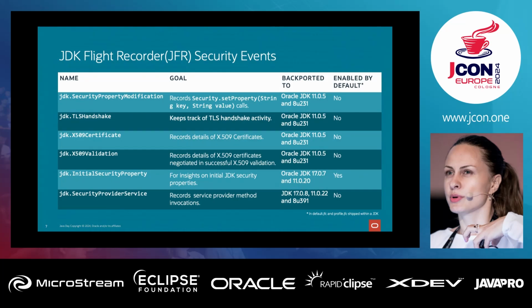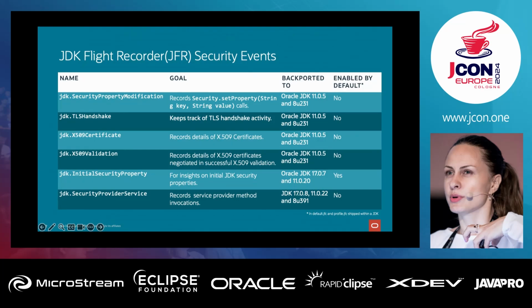However, they are important to help us understand the modifications that occurred over security properties, or look at the successful TLS handshakes, or the certificates that were negotiated successfully in those specific TLS handshakes and their details. In JDK 20, 2 more events were added.